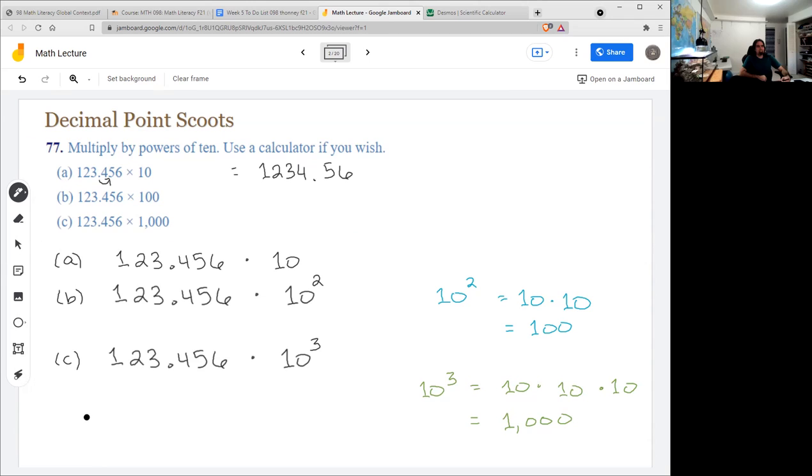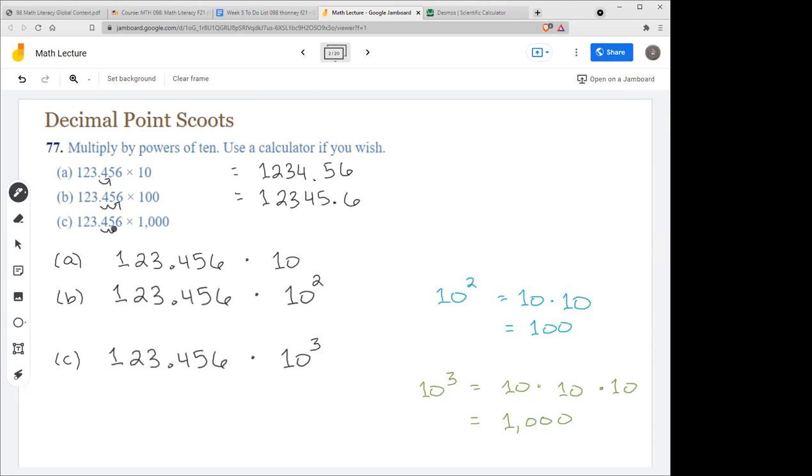Two places to the right, the decimal. Two places right, correct. And the last one, C? It would be 3 places, wouldn't it? It is.